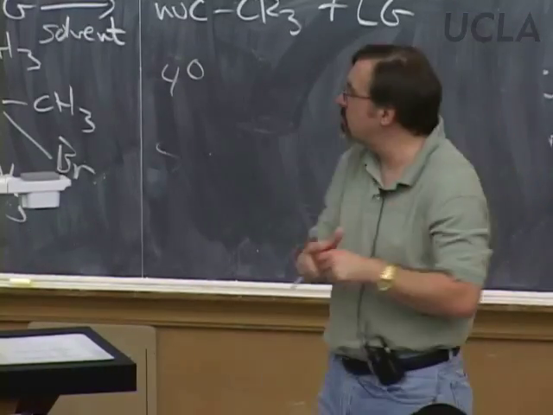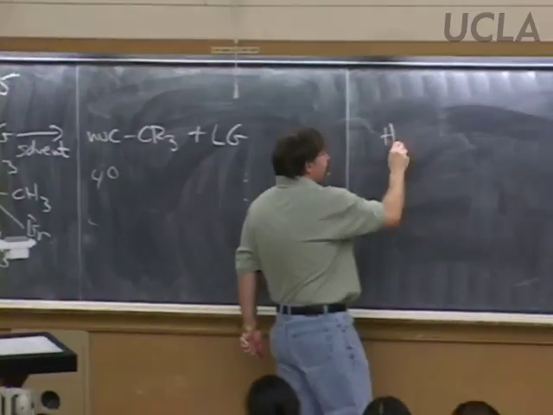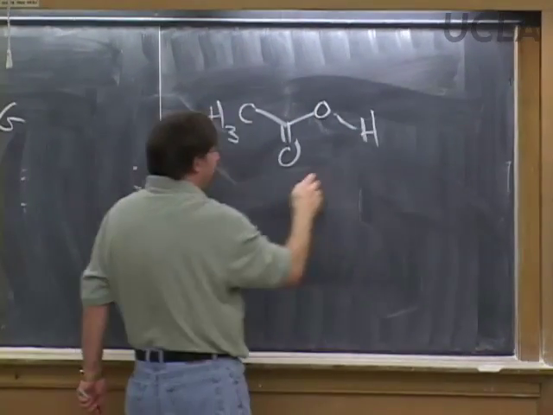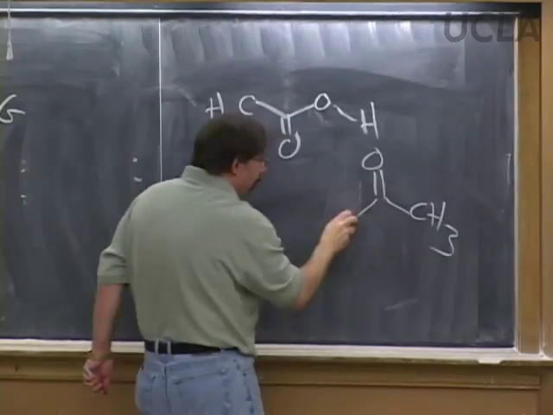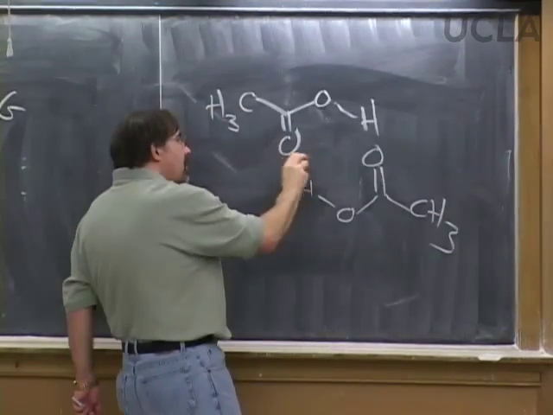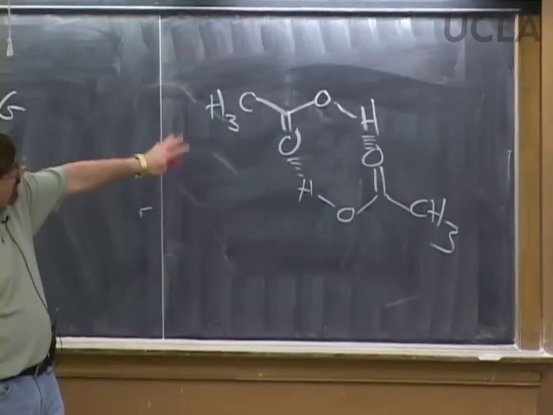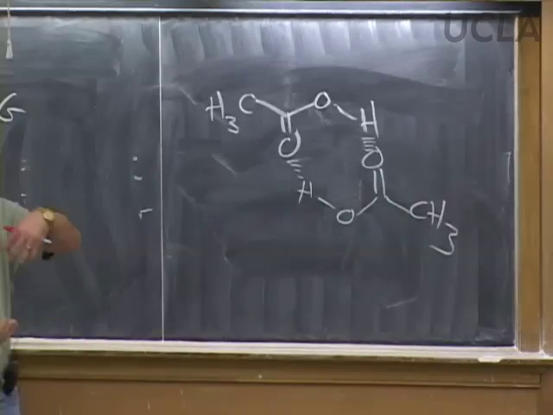So two acetic acid molecules will come together, something like this. So there's one acetic acid, and here is another one. So they will hydrogen bond there and there. And you see how this dimer looks kind of symmetric, right? They're like mirror images in a way.